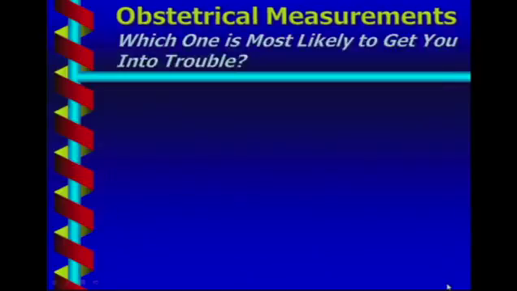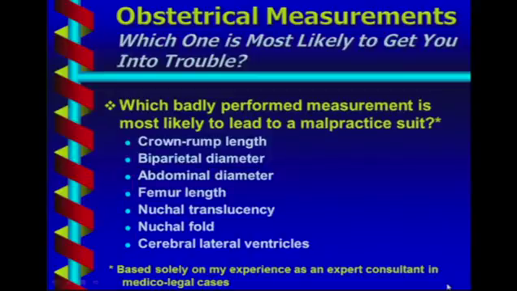One of the questions, I'll pose a question at the beginning and come back to it at the end. With respect to obstetrical measurements, which one is most likely to get you into trouble? And by trouble, I mean which one, based on my own experience at least, is most likely to lead to a medical malpractice suit against you if you do it badly.